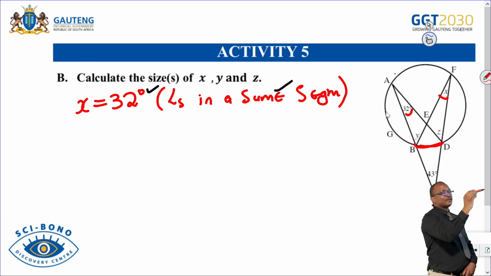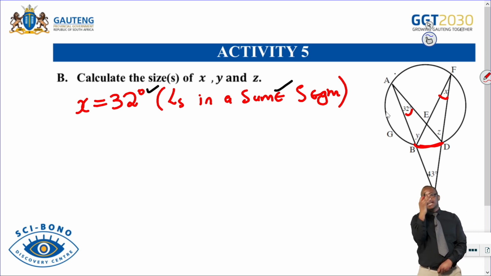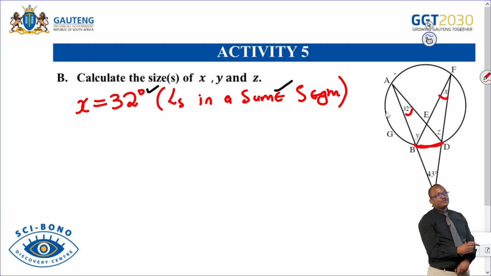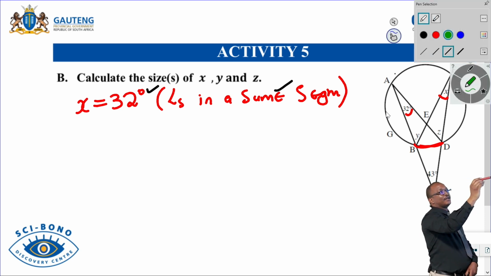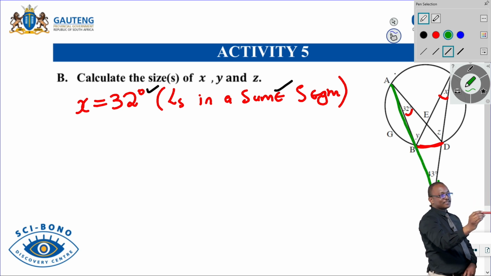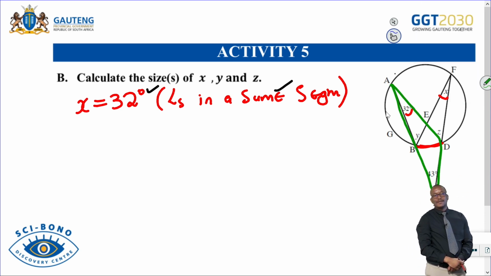Then now let's check. We analyze the diagram. You can see that I have a triangle like this. And there is something that I can identify from that triangle.